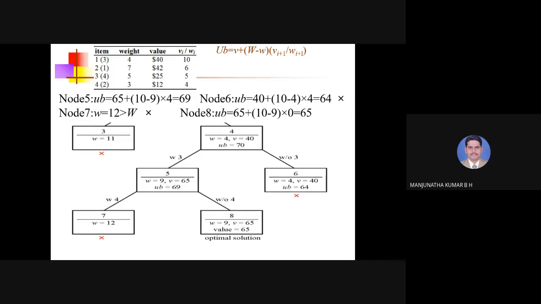Without 4 means the eighth node. Its parent is the fifth node. The fifth node's W and V are 9 and 65. Copy them as they are. Just calculate the upper bound value for node 8, again using the same formula.